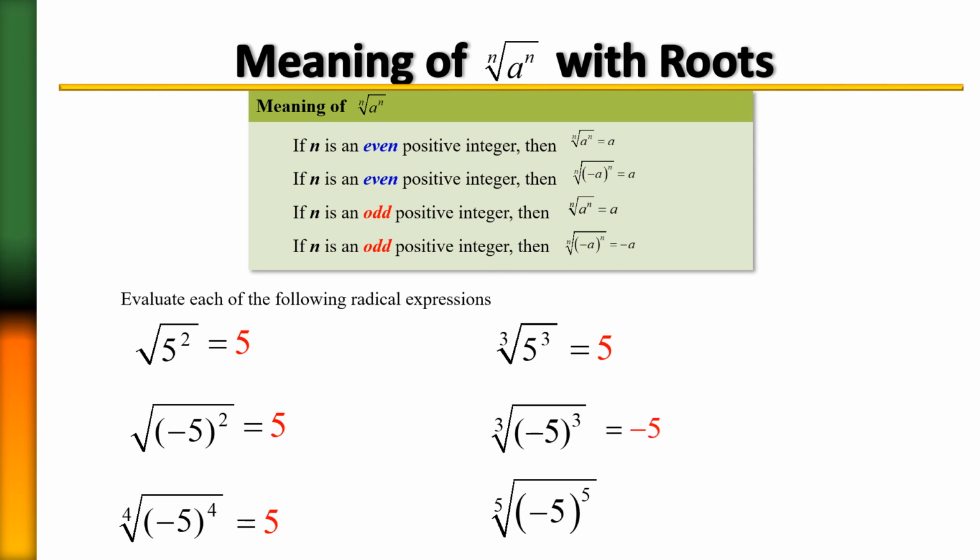That is going to be the same case as this last example. Here, notice again that the index is 5, the same as the number it is raised to. It's an odd integer, and the radicand is negative, so it's going to equal negative 5. And there you have it for that rule.